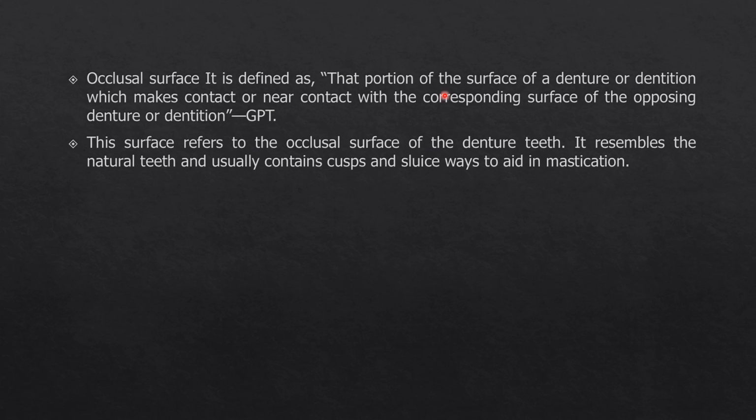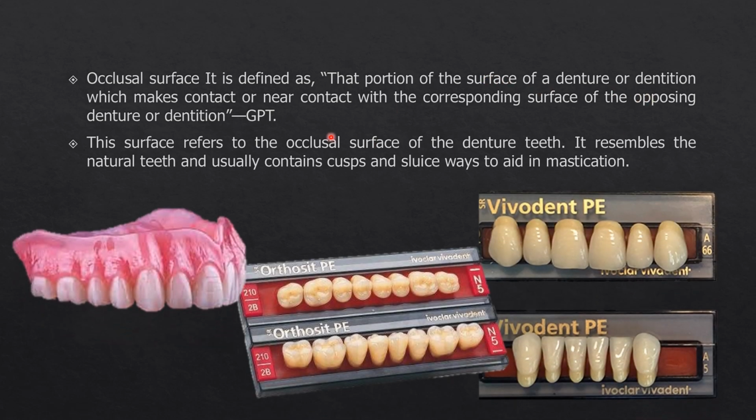This is the portion of the denture which makes contact with the opposing dentition, and there are many types of manufacturers and many types of materials that are being used for the fabrication of denture teeth. They are available in different molds, different shades and different sizes.